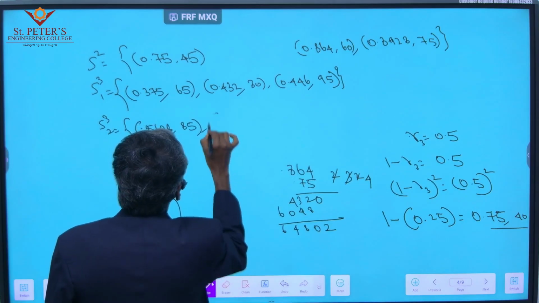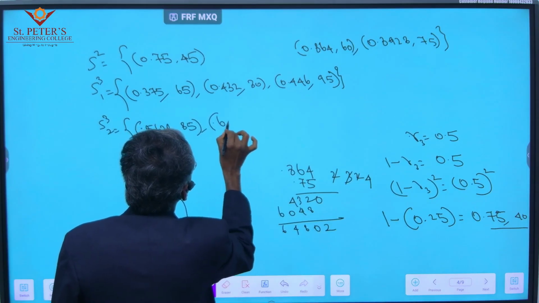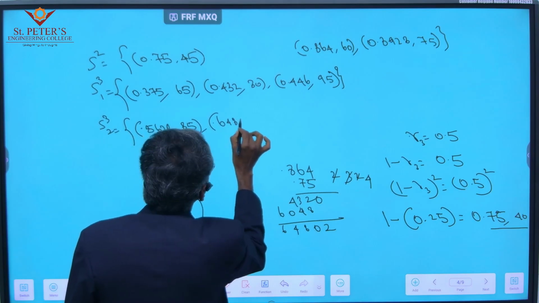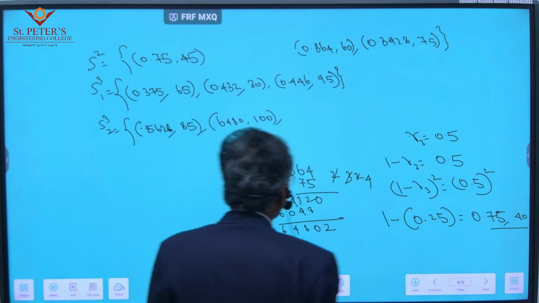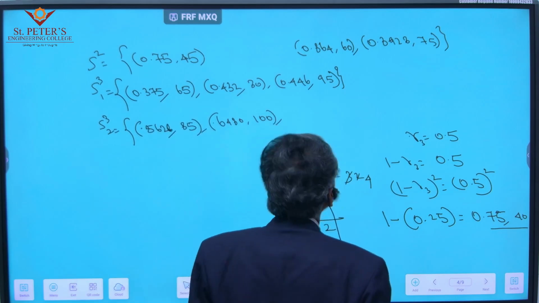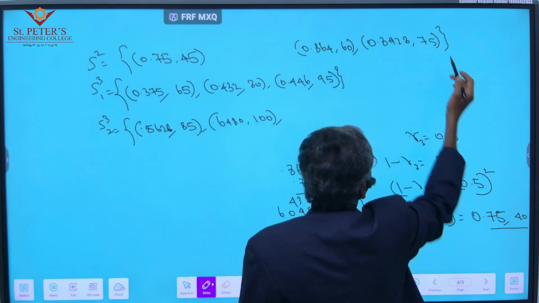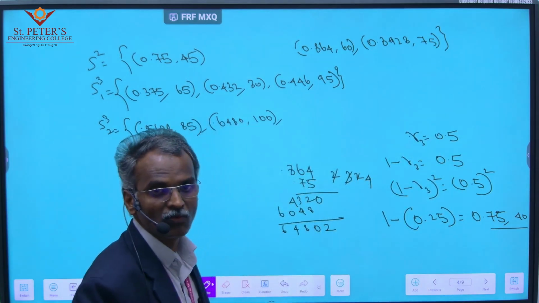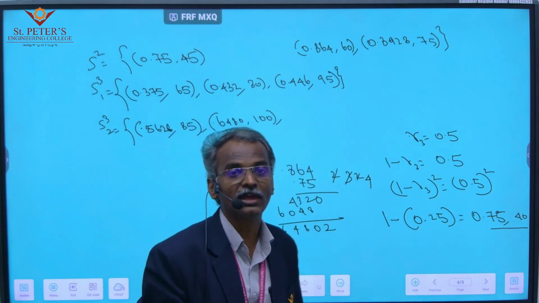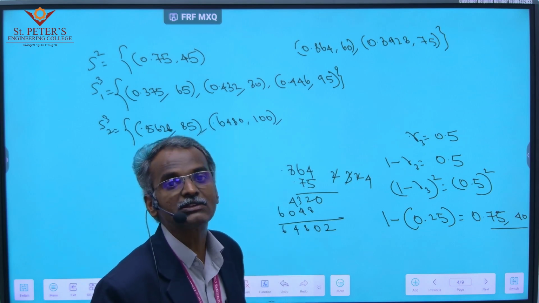So 0.6480, 100. Now the third set, 40 plus 75, how much? 115.